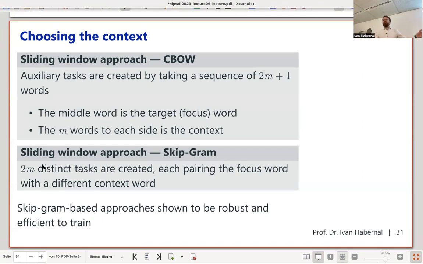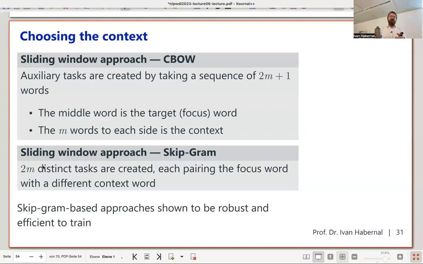The larger the context you get, the similarity will be more topical. So the words which come from the same topic will be similar in this embedding space, because you're taking a more global perspective on the words. So words that appear together in sport will be somehow more similar than words that appear in stock market prediction. The closer you get, the more syntactic you get.